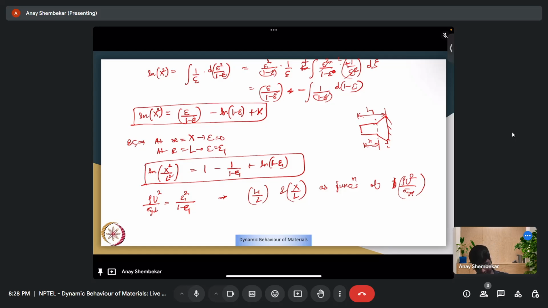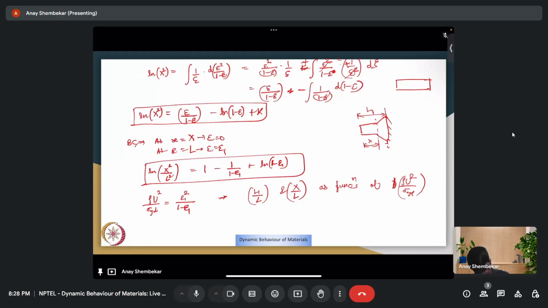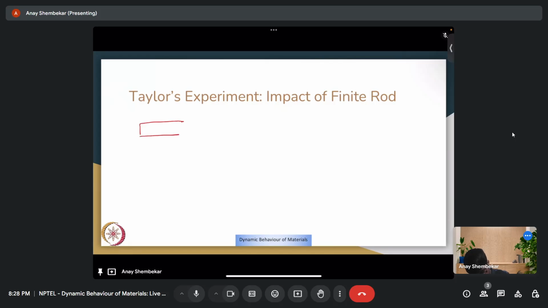When you have a free surface, what happens is, suppose the initial particle velocity of the compressive wave is up.